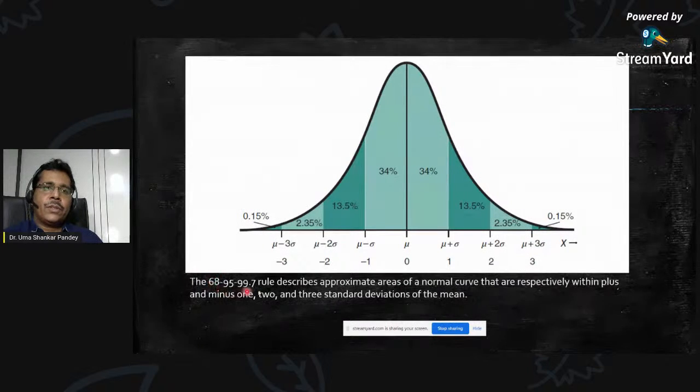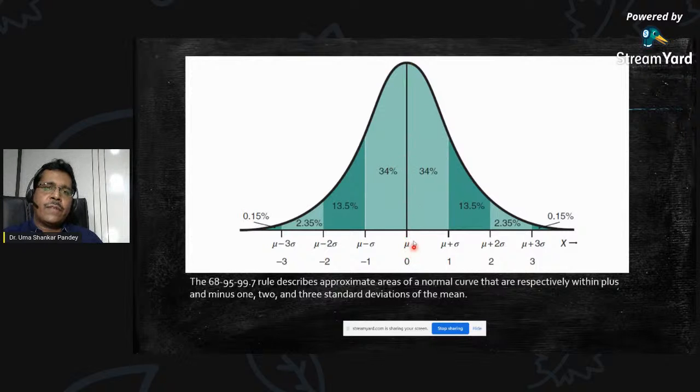This is a very important value to remember, that 68% of the population will be within 1 standard deviation of the mean. If this is the mean, then 68% of the values will be between that. If I relate it to our everyday life, just think of this as the mean height of all people.